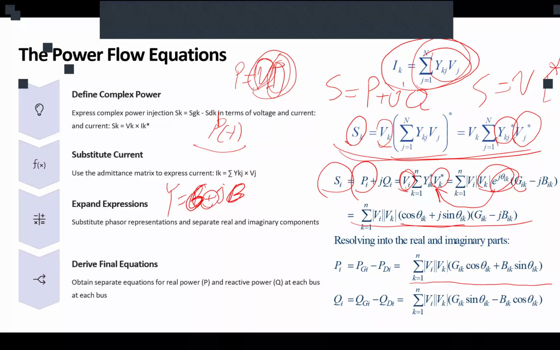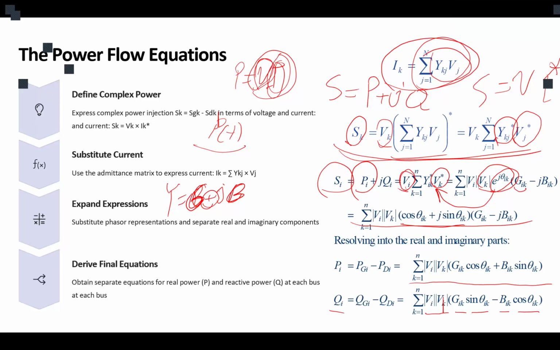This is just the multiplication of these two. Okay? And the Q becomes V_i V_k times G sine of theta minus B cosine of theta. So now we have our active power and reactive power based on our voltages, thetas, and admittances.